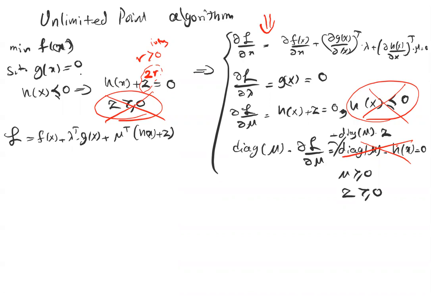So let me rewrite the problem again. We are going to have minimizing f of x subject to g of x equals 0 and h of x plus z to power 2r equals 0. Here we don't have z greater than or equal to 0 anymore.